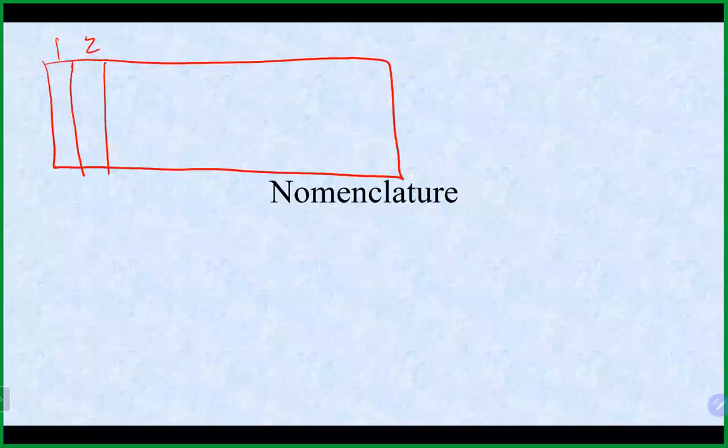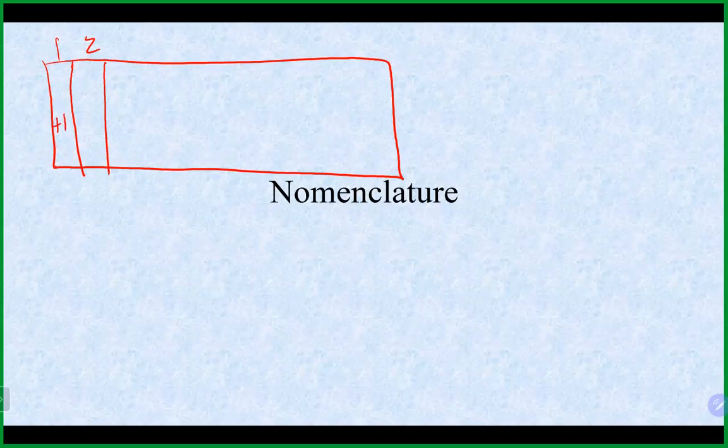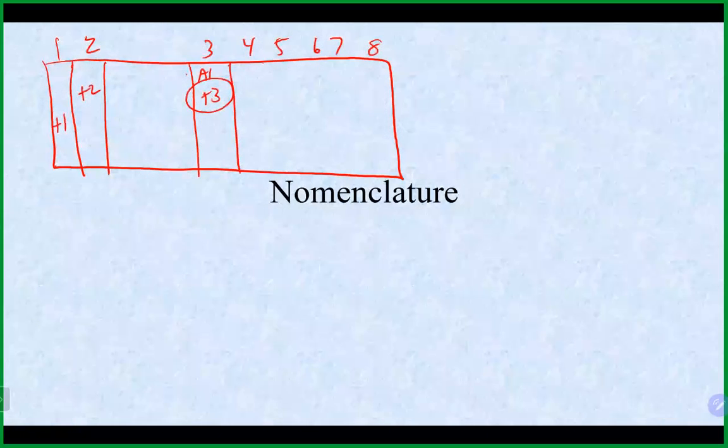Everybody in group 1, if they do form an ion, will be +1. Everybody in group 2, if they do form an ion, will be +2. Skipping the transition metal region. In group 3, we're going to have plus, and that's really aluminum we're talking about in group 3. We are going to skip group 4 because we do have that staircase kind of coming down through there.